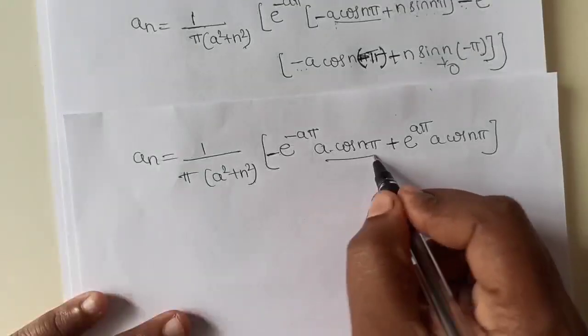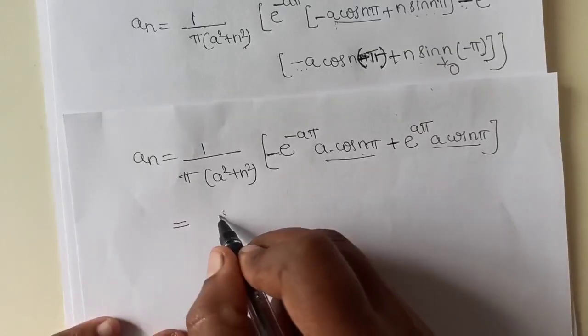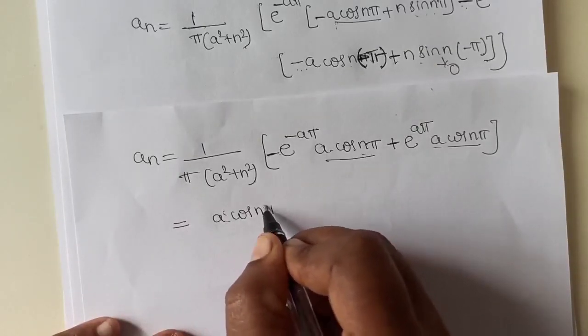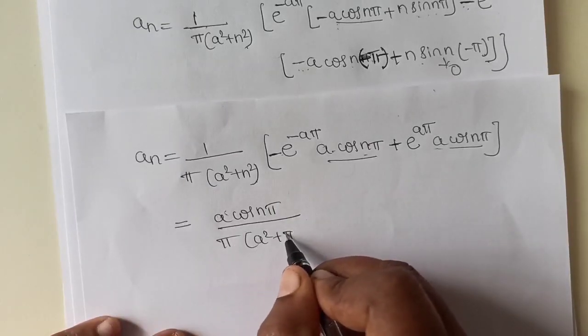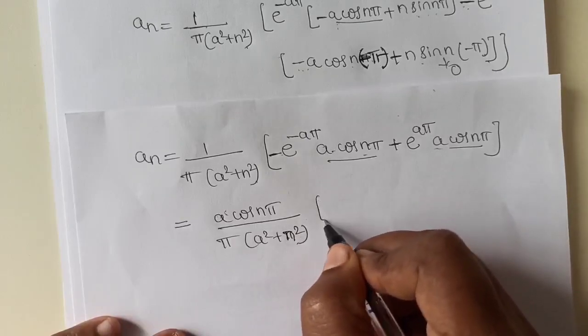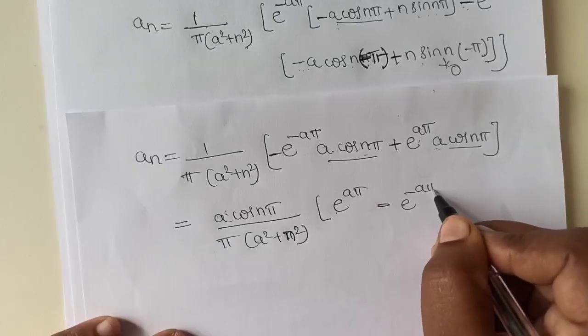In both the cases a cos n pi is common, so taking a cos n pi common, we get pi a square plus pi n square, we get e raised to a pi minus e raised to minus a pi.